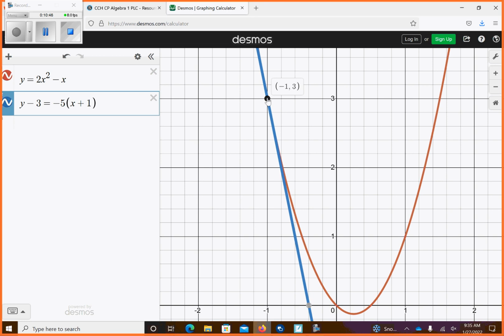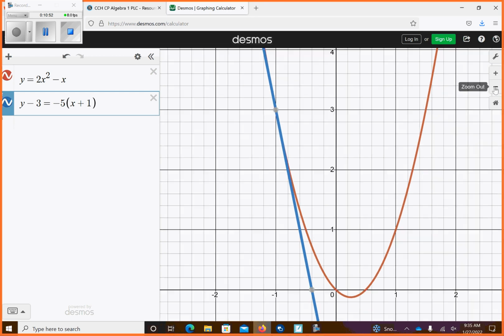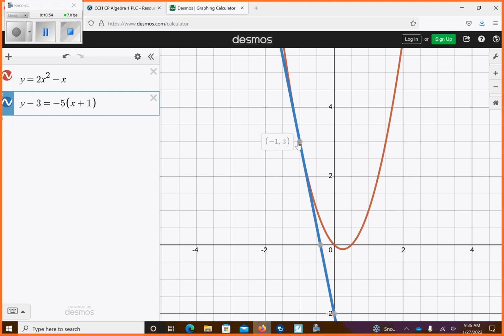So that technically becomes a solution. So if I went down 5, so 1, 2, 3, 4, 5, and right 1, it still exists.